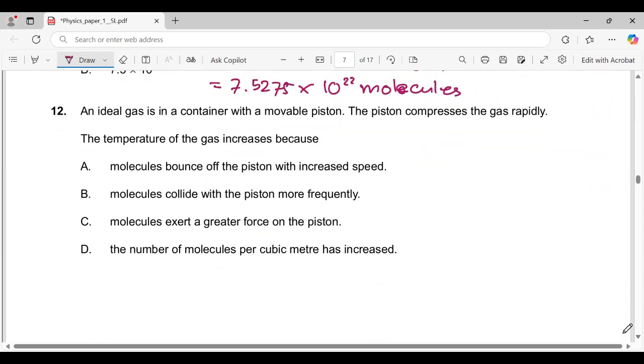Number 12. An ideal gas is in a container with a movable piston. The piston compresses the gas rapidly. The temperature of the gas increases because, okay, if the container is like this, with a piston like this, and there are molecules inside the container.